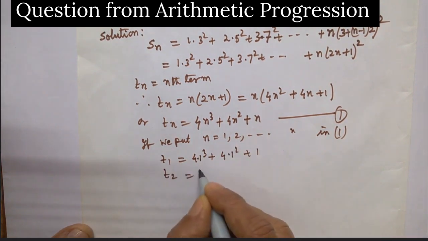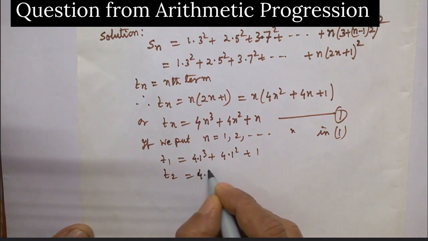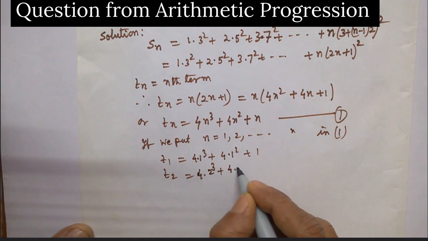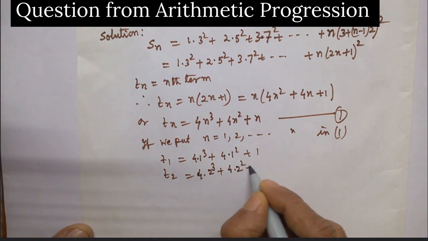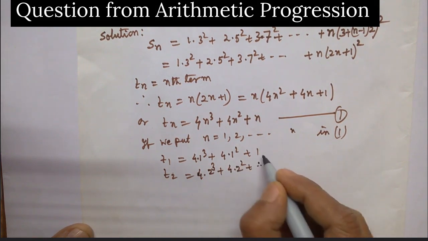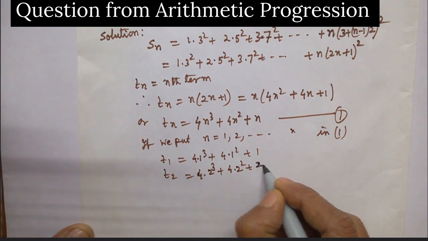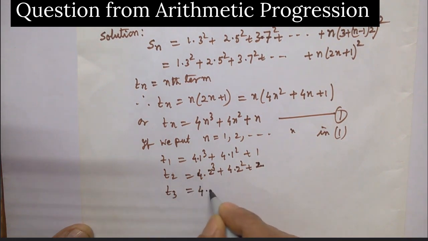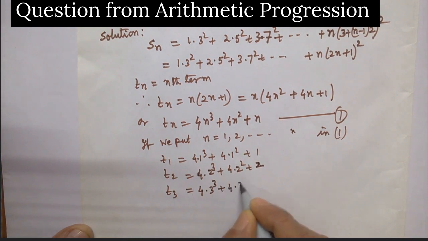T2 is equal to 4 into 2 cube plus 4 into 2 square plus 2. T3 is equal to 4 into 3 cube plus 4 into 3 square plus 3, and so on.